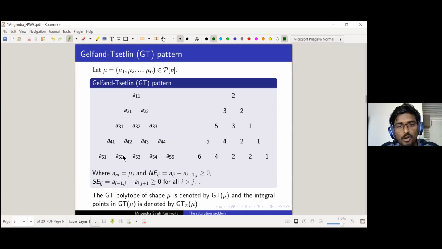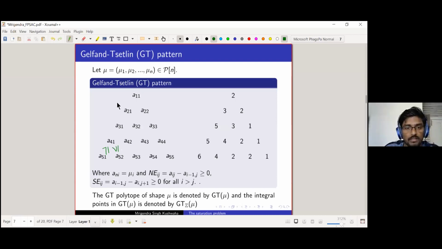And there are two more inequalities. The northeast inequality I denote by N_ij. N_ij is equal to a_ij minus a_{i-1,j}. So this is N51, that is a51 minus a41, and this should be nonnegative. What it is saying is basically that this should be bigger than this, and similarly the southeast inequality says that this number should be bigger than this.